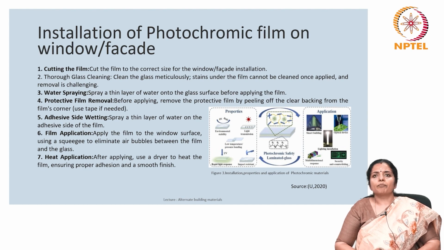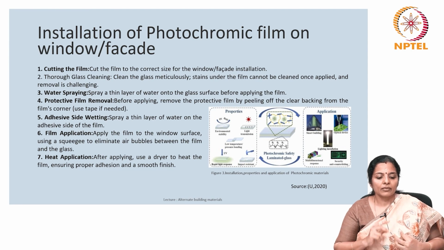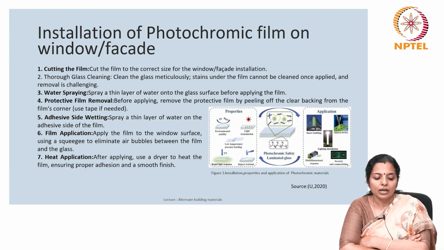Let us look at the installation of photochromic film on windows or facades and what it involves. There is a systematic process to ensure its successful application. First is to cut the film to the correct size of the specific window or facade for installation.